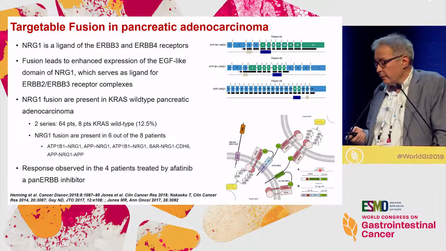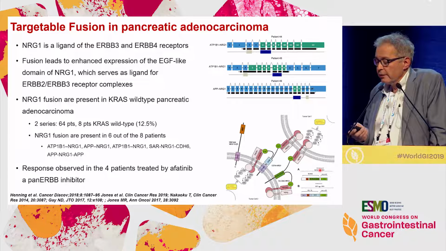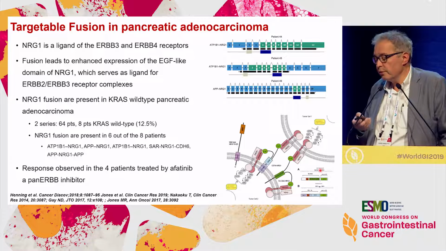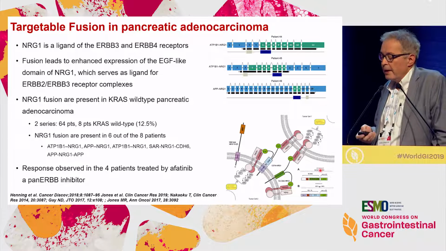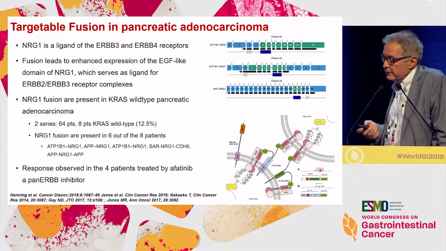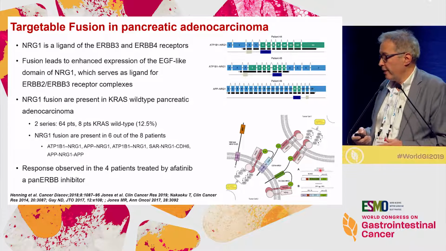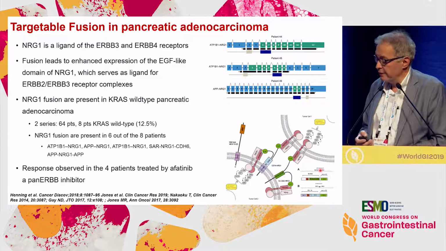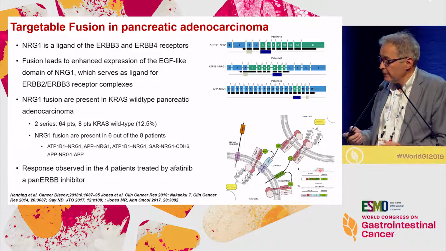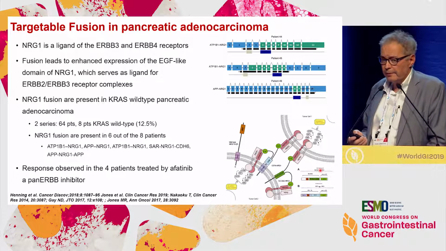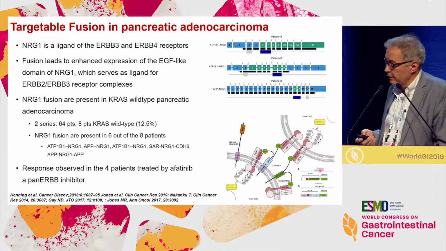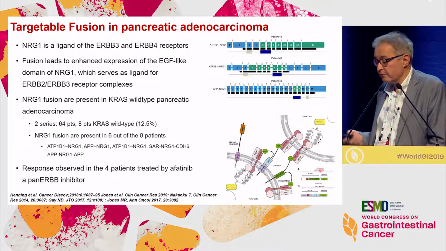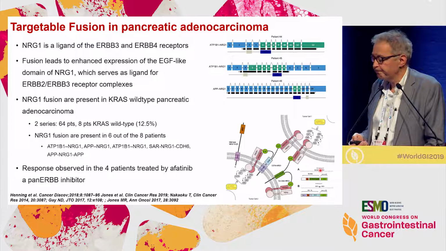This fusion leads to enhanced expression of the EGF-like domain of neuregulin, NRG1, which serves as a ligand for these receptors. So you have at the membrane of the cells, thanks to this fusion gene, a permanent activation of the HER4 and HER3, ERBB3 and 4 receptors.